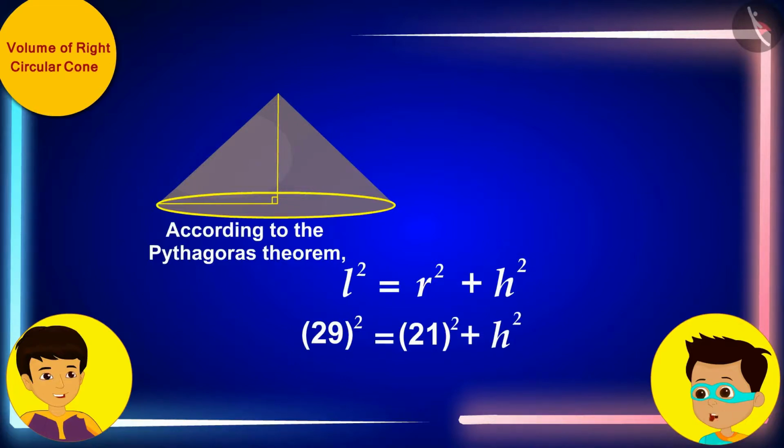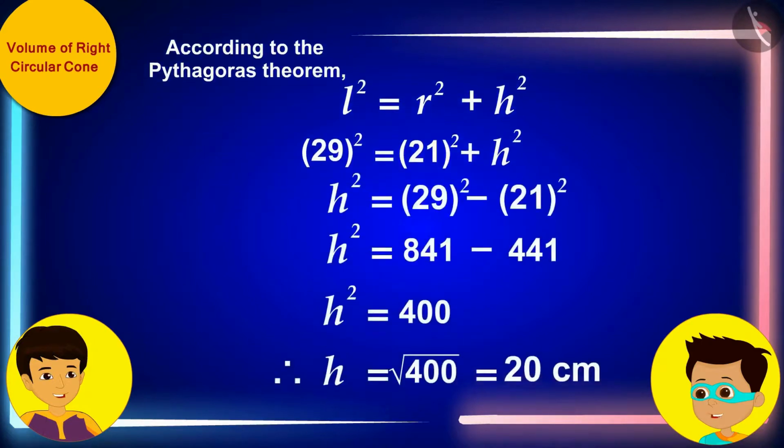The slant height of the sand pile is 29 centimeters and the radius of its base is 21 centimeters. Look Manas, we should solve it in this way and find the height of the conical sand pile. Got it? The answer is 20 centimeters.